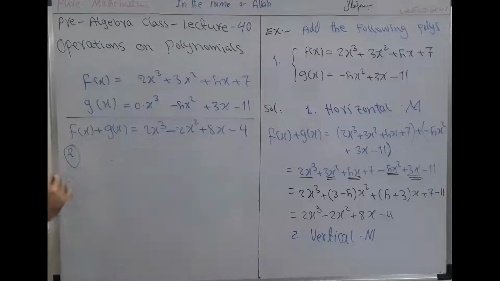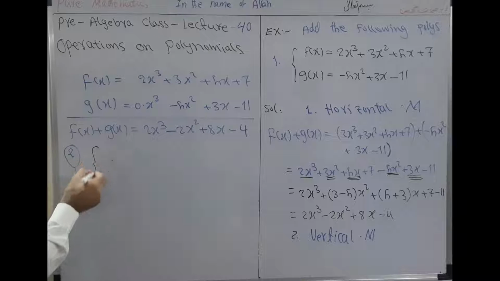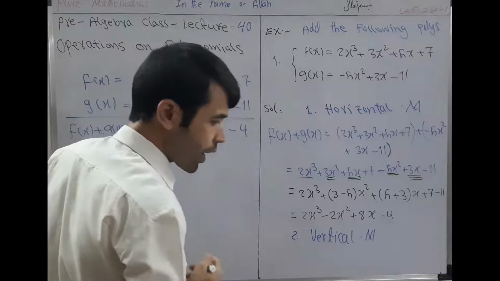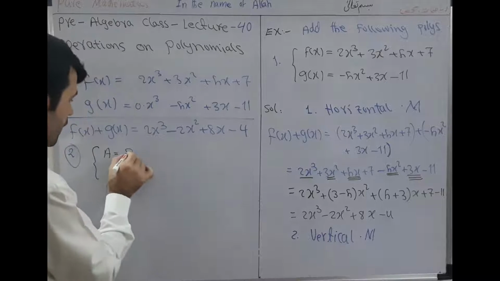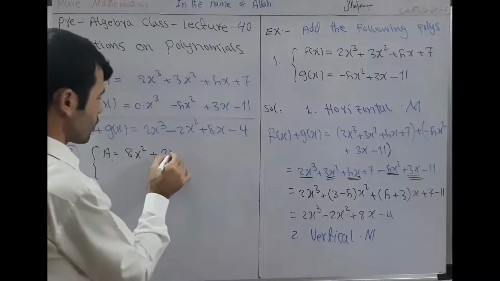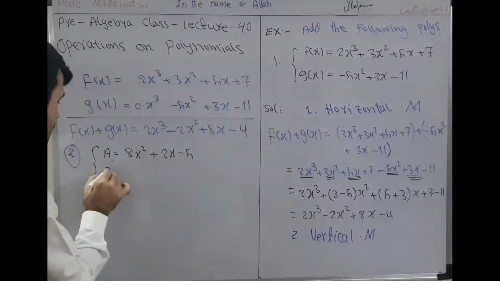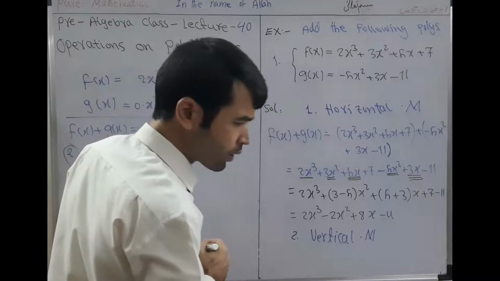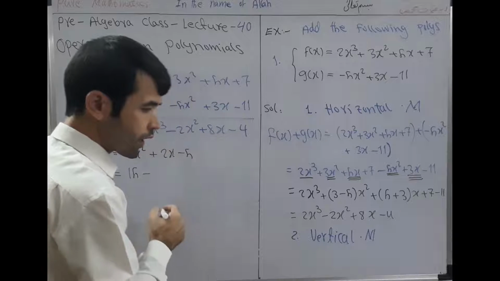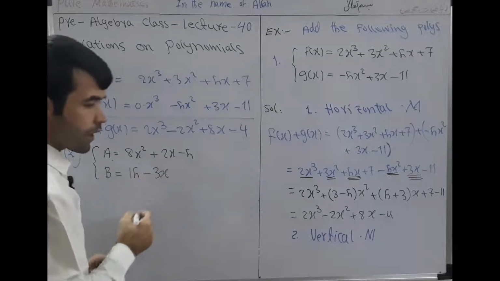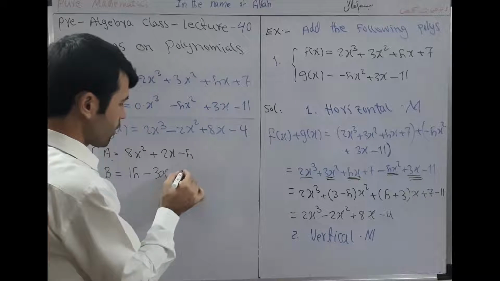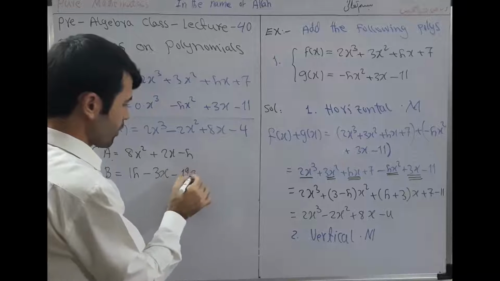Question 2. a is equal to 8x square plus 2x minus 5. b is equal to 15 minus 3x minus 19x square.